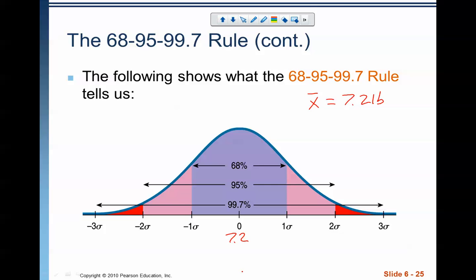You can go double check me on these stats, but 7.2 is pretty close. The standard deviation for that is approximately 1.4 pounds. So average is 7.2, and the standard deviation here is 1.4.